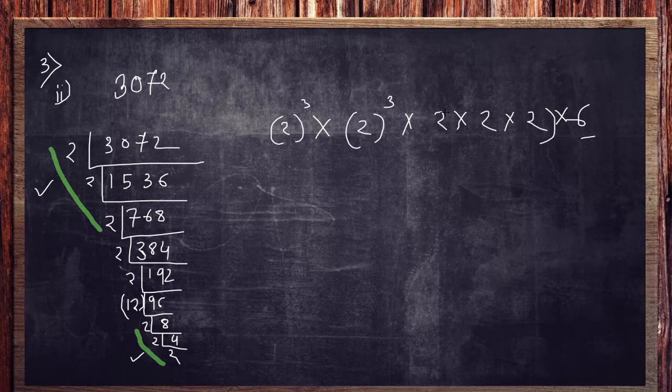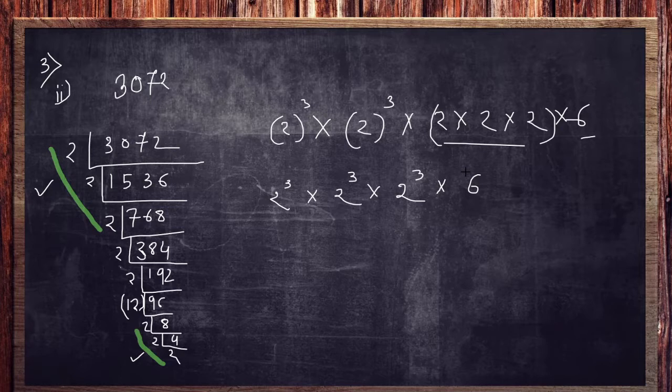So I just write it like that, that is 2 into 2 into 2, so it will give you 2 cube. Let me write it again: 2 cube, then 2 cube, and finally 2 cube. And one more 6 is extra, that is not allowing it to be totally a perfect cube.